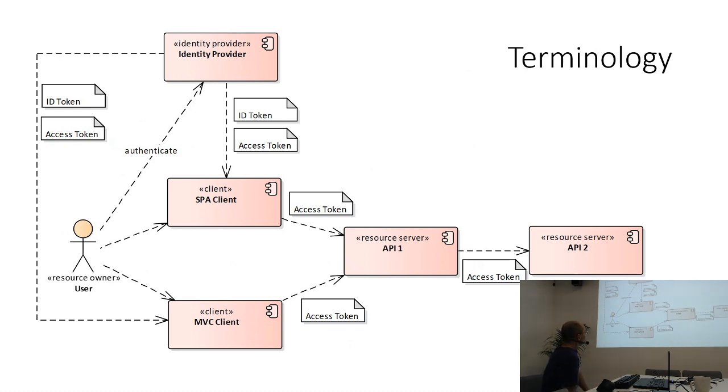The applications which are facing the users are called clients in the terminology, and the APIs which you need to protect are called, in these standards, a resource server. The meaning is that the API contains some resources which it serves to incoming requests, but they need authorization. They must be sure that the application which tries to use the resources is authorized to use them.